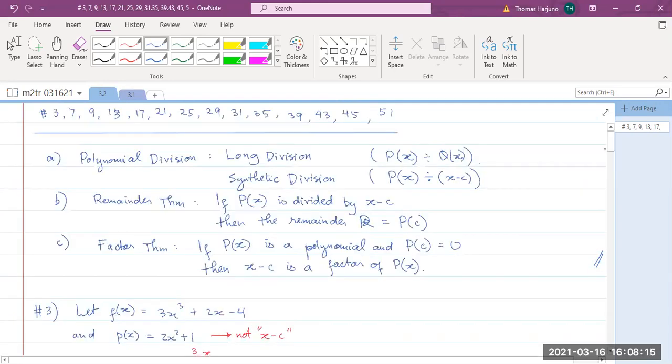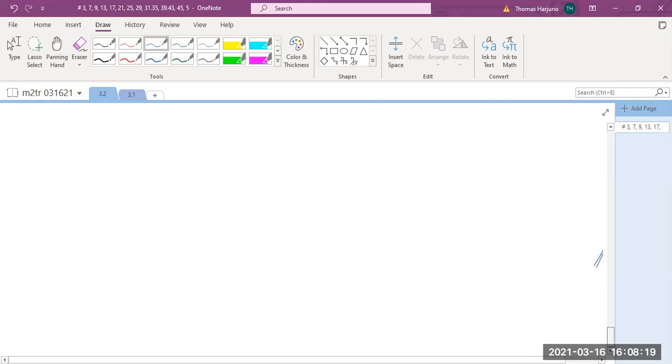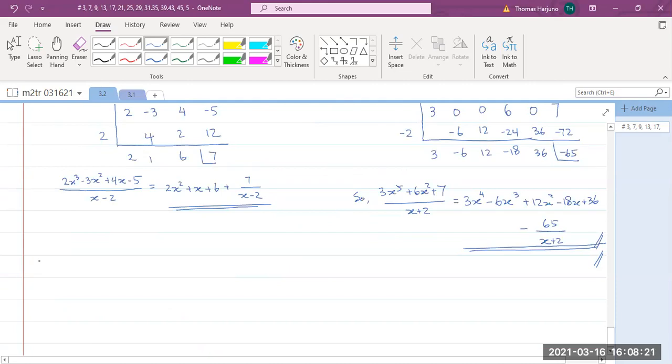Number 31, 35. Number 31. So I do a lot more problems in this section. So we want 4x to the 4th minus 5x squared plus 1 over x minus 1/2.